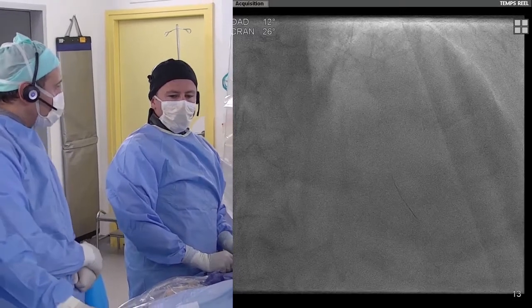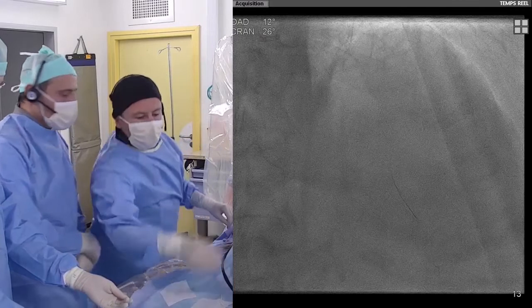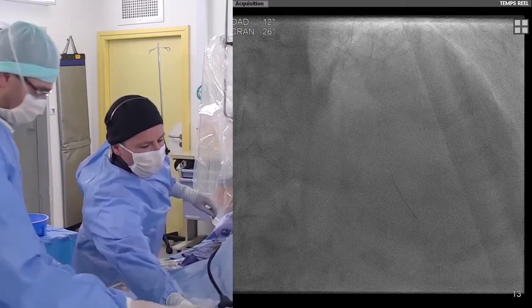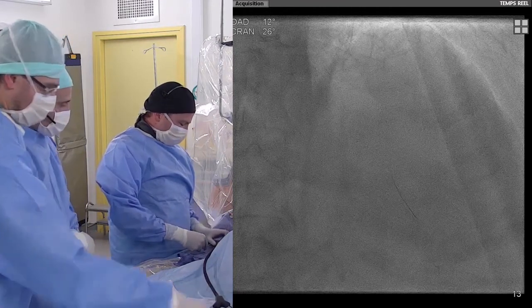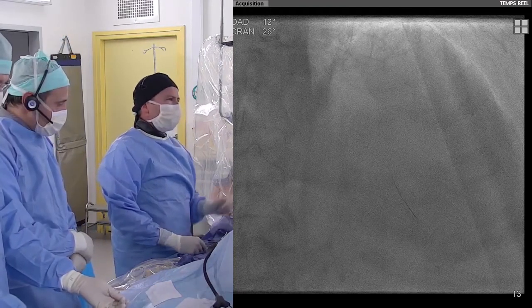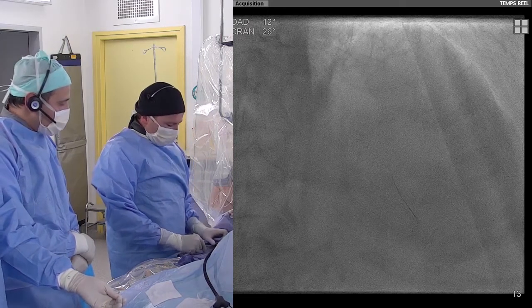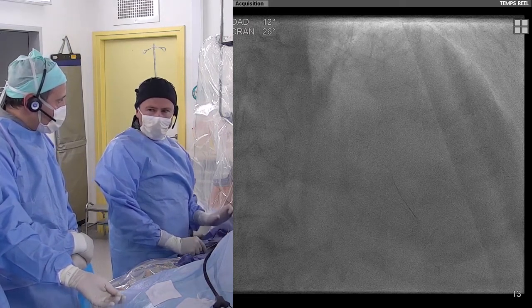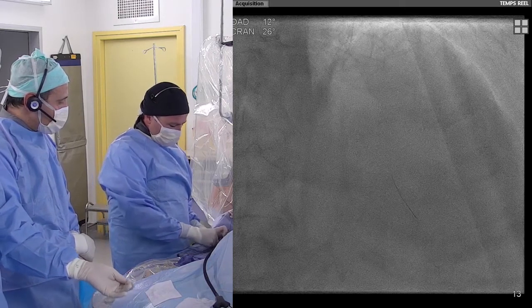With a 1.75, I think it will still be okay, but I don't think we will have a lot of advantages to use a 1.75. And we will use a non-compliant balloon of maybe 4.5 or 5. Due to the short lesion in the left main, I think it will be okay, but we will see.